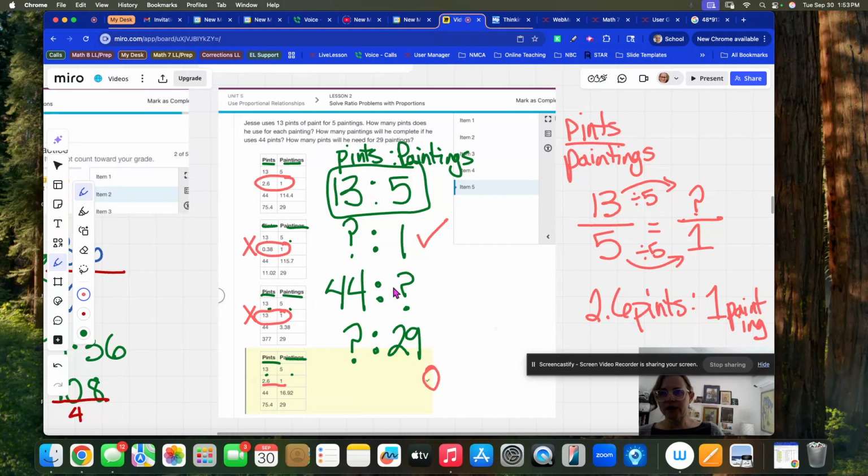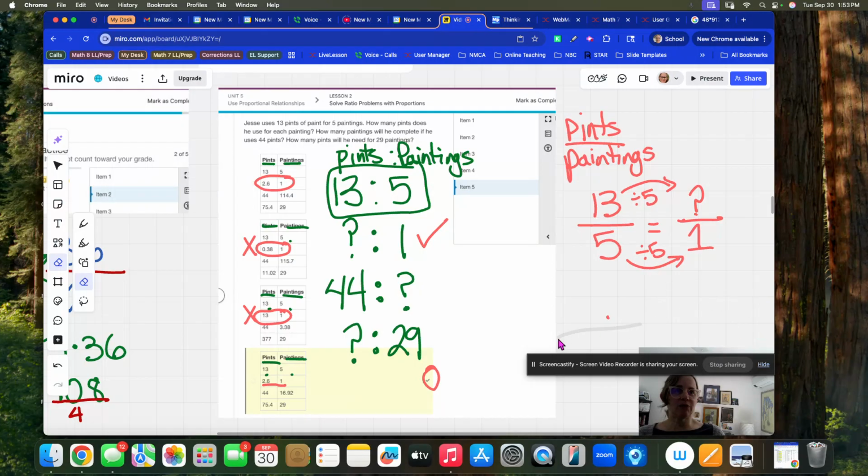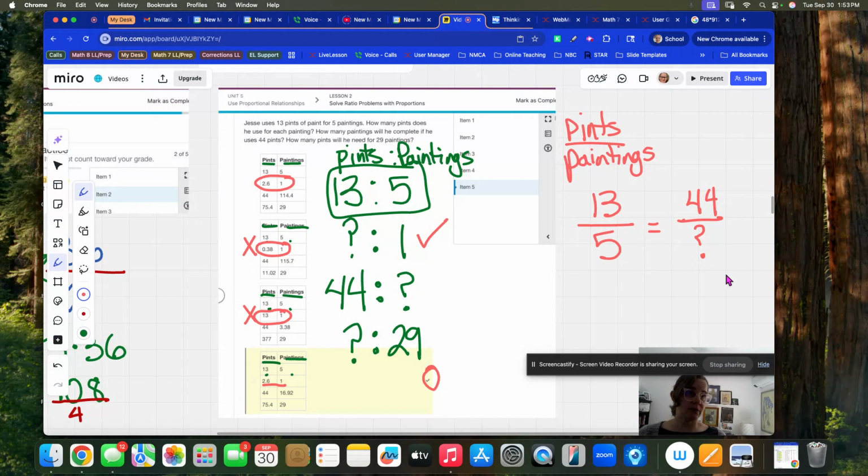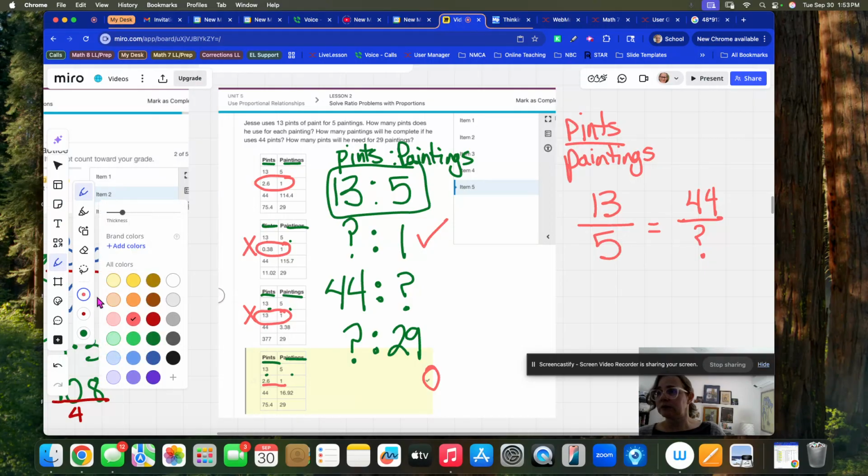Let's go ahead and look at 44 pints and see if we can figure out how many paintings that would make. All right, so this time I have the number of pints and I don't have the number of paintings. 44 pints, how many paintings would that be? I don't know. And furthermore, I don't know how many times 13 goes into 44.